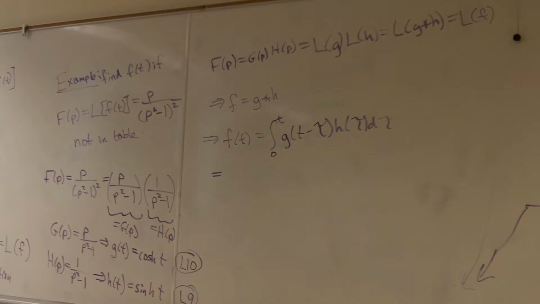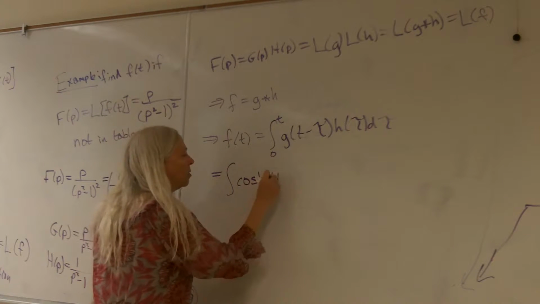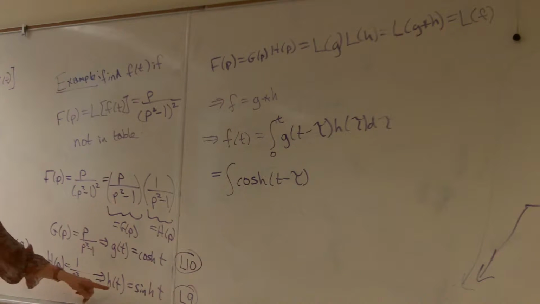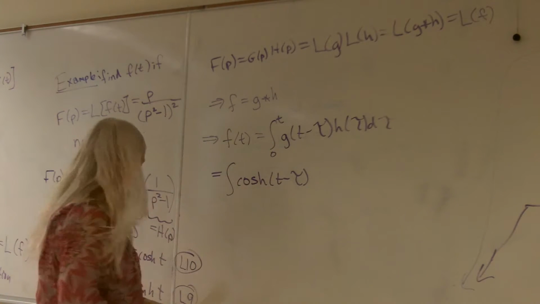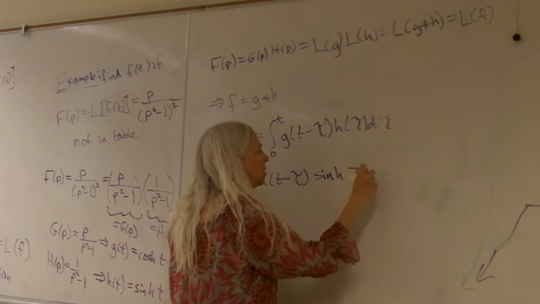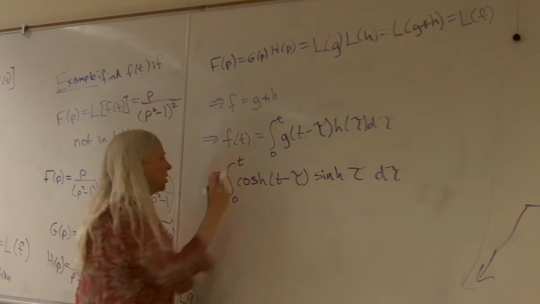It's going to be t minus tau, so it's going to be cosh of (t minus tau). And h of t is the sinh of t, but it's h of tau we want to plug in here, so it'll be the sinh of tau. And then we've got a d tau, and of course our limits are from 0 to t.